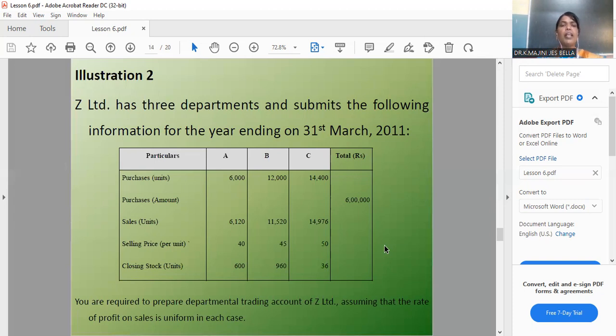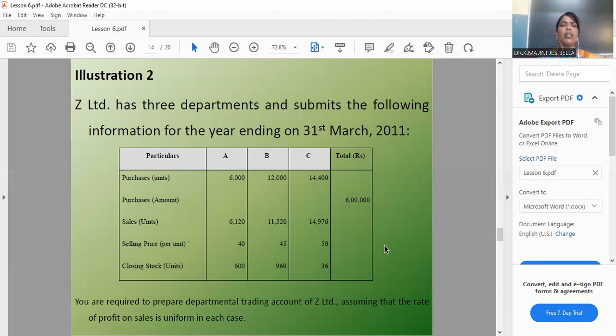For Department A 6,120, Department B 11,520, Department C 14,976. Then the selling price is given as the amount per unit: Department A 40, Department B 45, Department C 50.